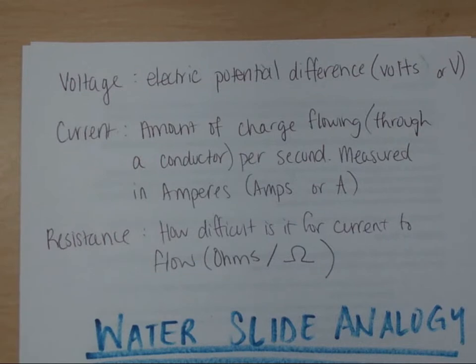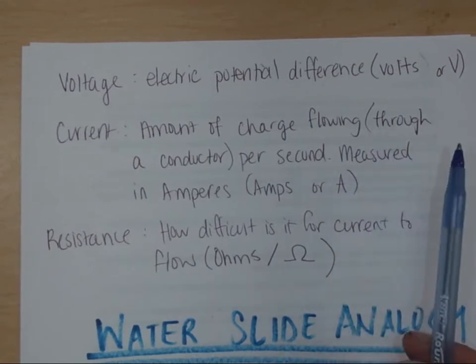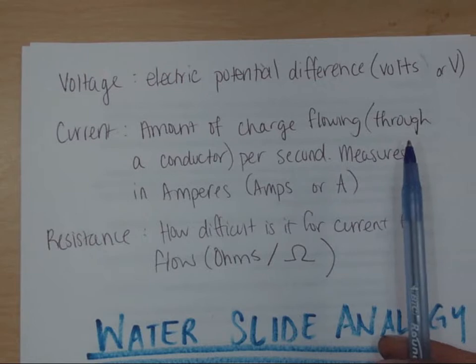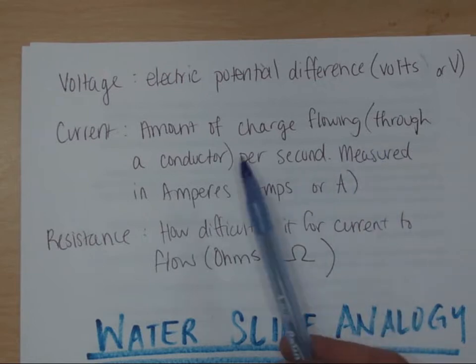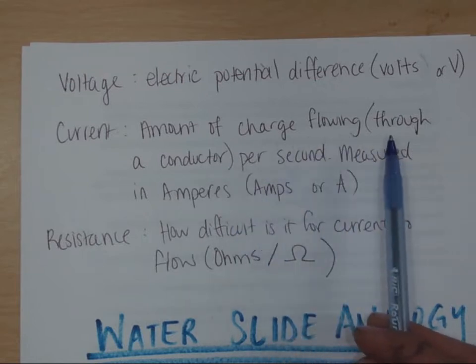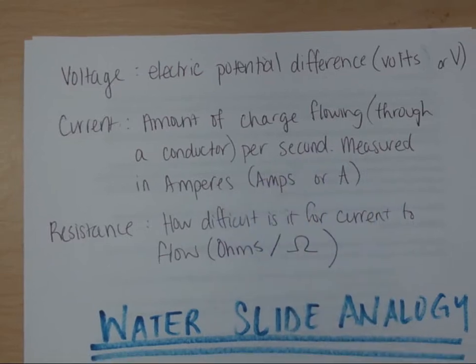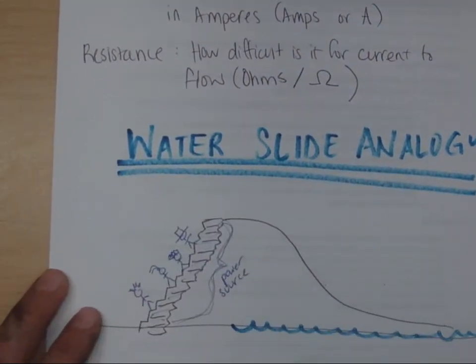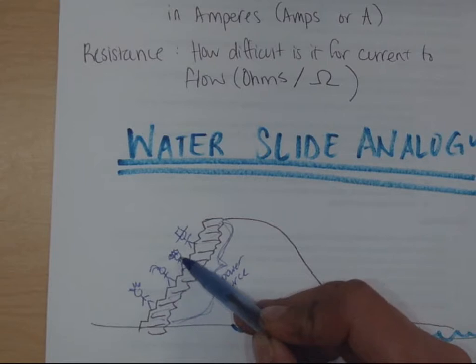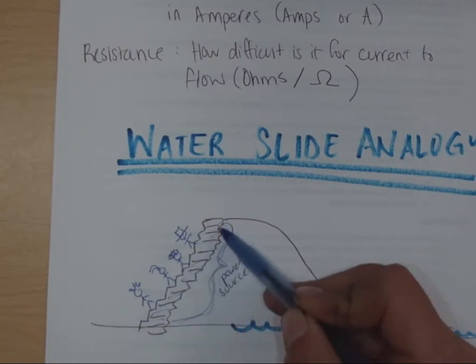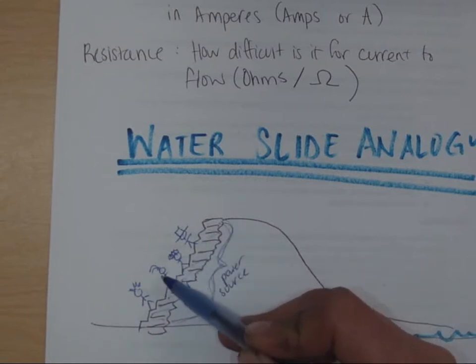Current in a circuit refers to the amount of charge that is flowing through a conductor, so that's usually your electric wire. So the amount of charge that's flowing through that wire per second. And we measure this in amperes. So back to my water slide analogy, all of these different little people, those are my charges.